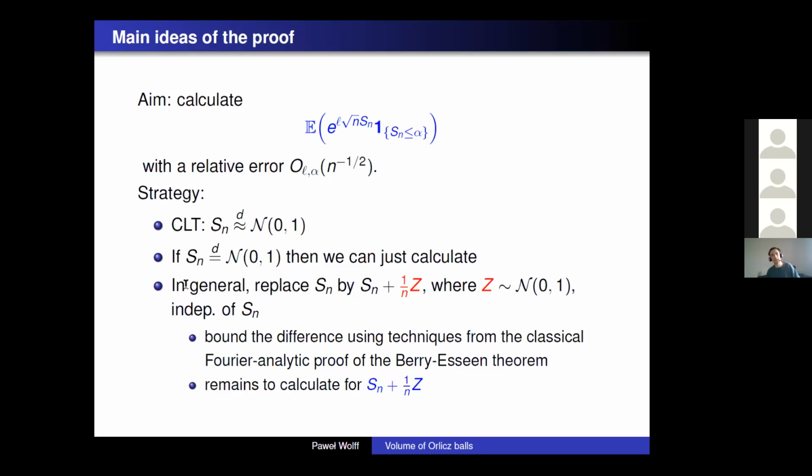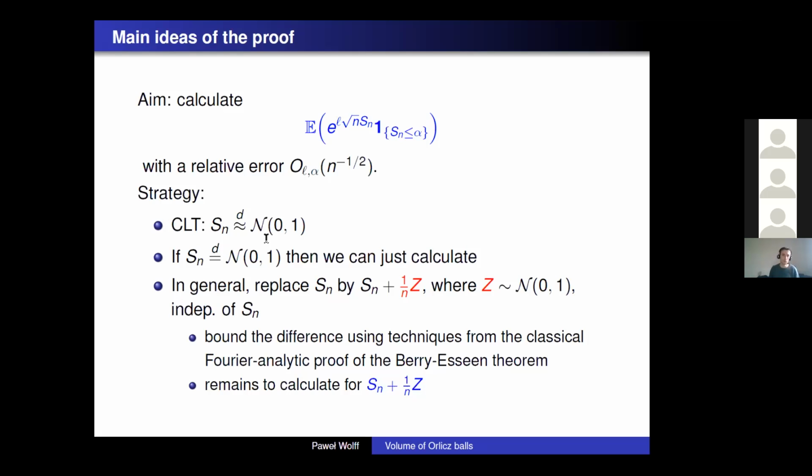But in general, we know only that Sn is close to standard normal, and we want to exploit it quantitatively. But Sn itself is not nice enough, and this is the same story as in Berry-Esseen. We want to regularize things somewhat, to apply some analytical tools.